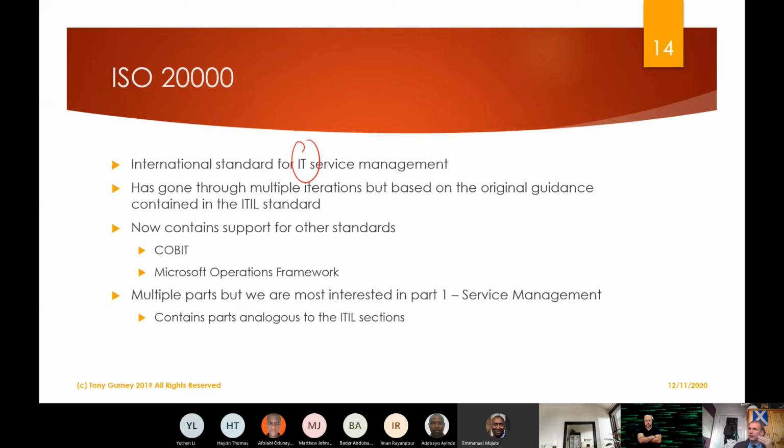And in fact, what they tend to do is not just iterate, they also incorporate. So for any Star Trek fans, they're like the Borg. They start out and then they incorporate all the other things. So ITIL now incorporates COBIT. And it says, yeah, okay, this is fine.